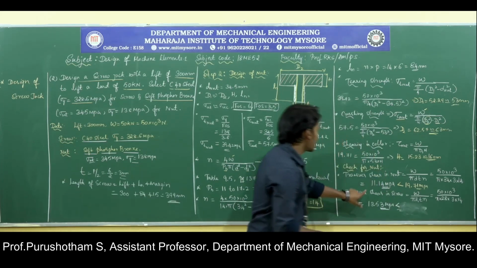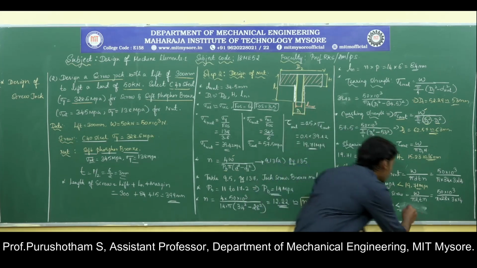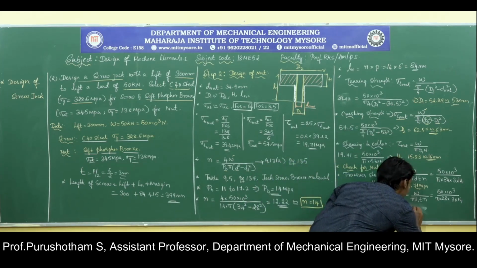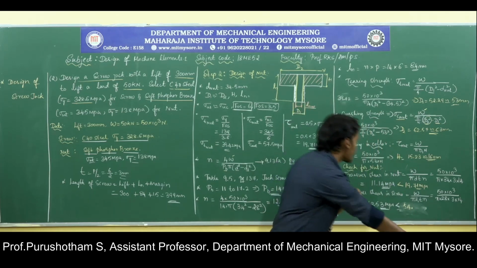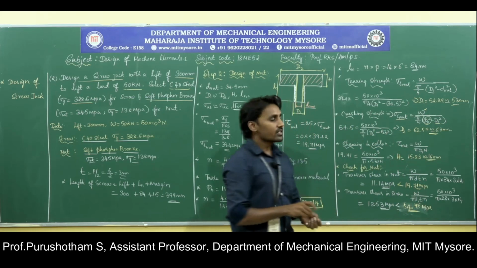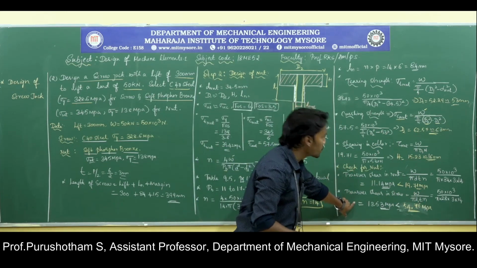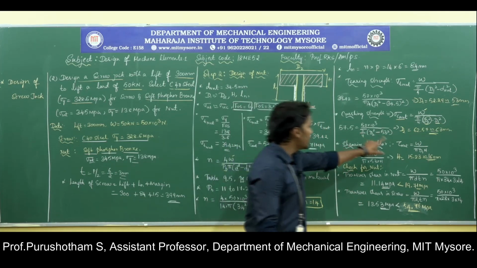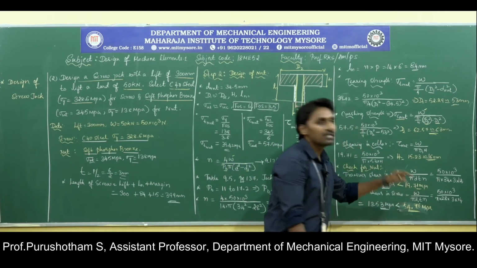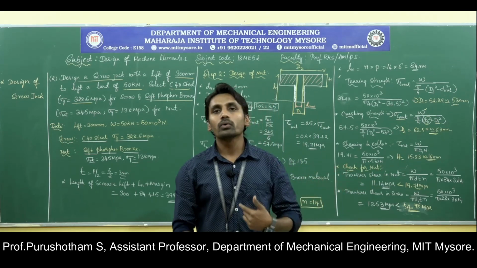The induced shear stress in the screw material, 13.53 megapascal, is less than the allowable shear stress in the screw material, that is 76 megapascal. From this we can conclude that the stress induced in the nut and the screw is less than the allowable shear stress in the nut as well as the screw. So from this, the design of the nut and the screw are both safe.